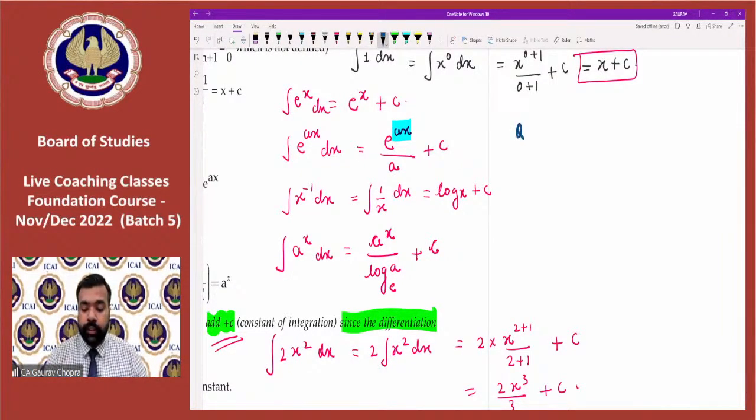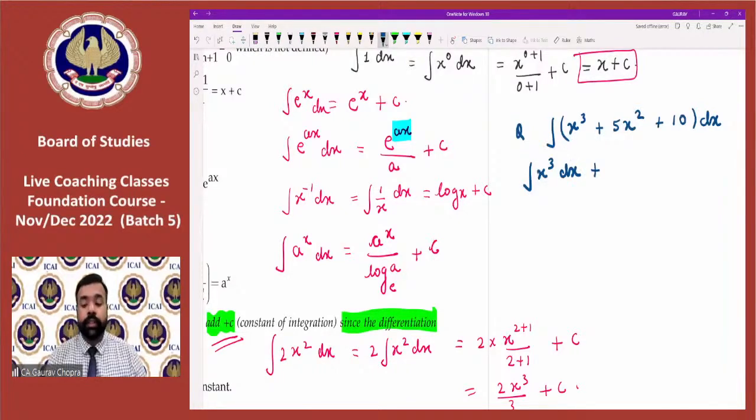Like the question says, find out the integration of x cube plus 5x square plus 10. Now if we have to integrate them, first of all, we can separate them. It will become integration of x cube dx plus 5 integration of x square dx plus 10 integration of dx.